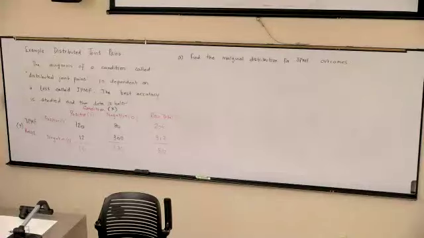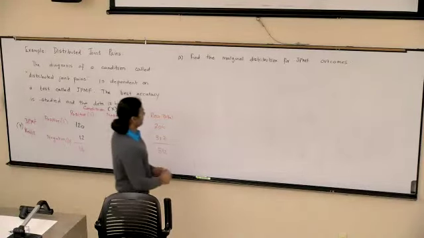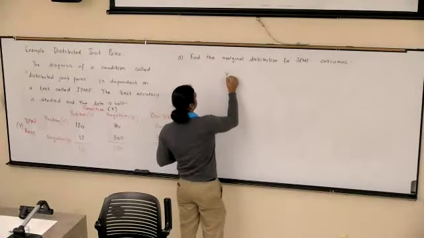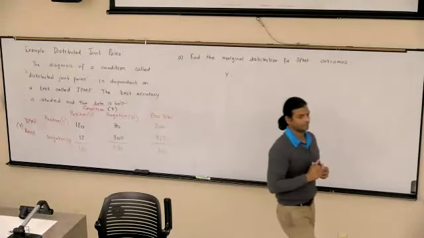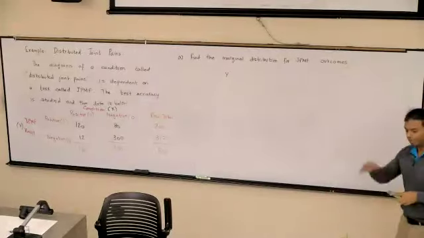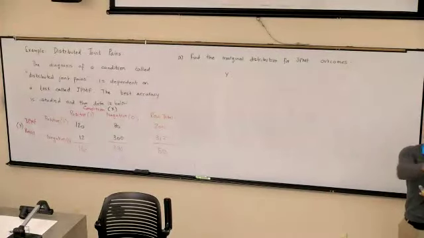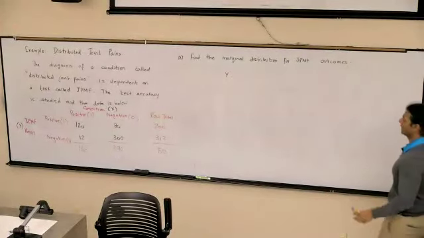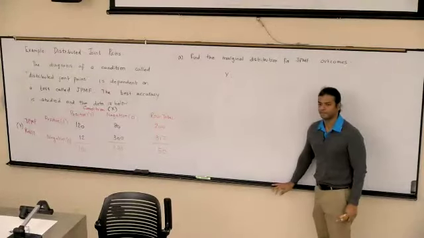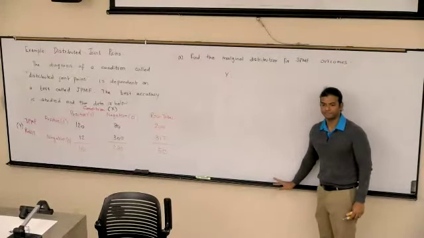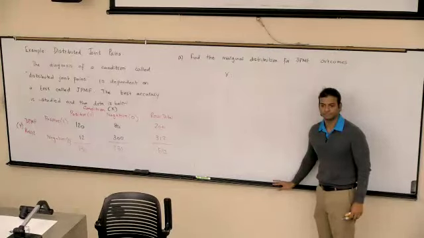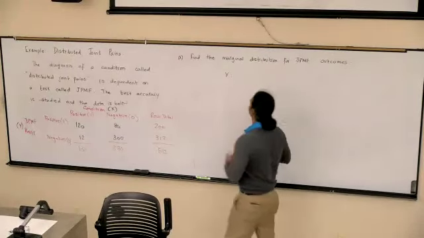We want to find the marginal distribution for the test outcomes. Well, what is the sample space of Y? I move from labels over to numbers. So what is the sample space? 0 and 1.